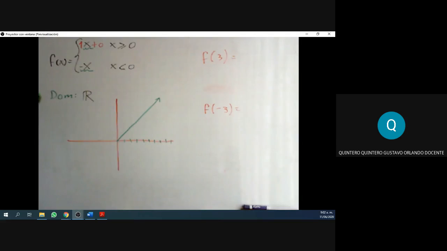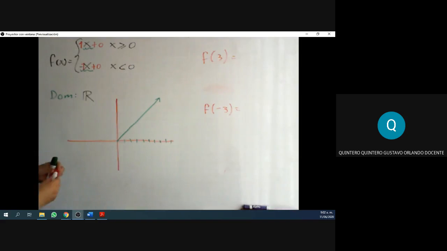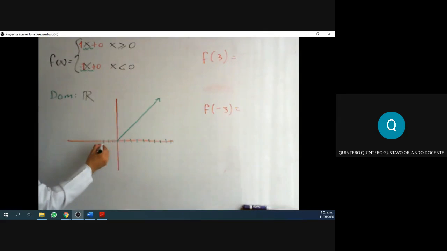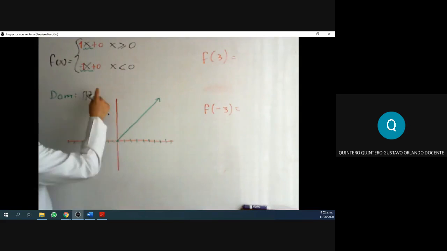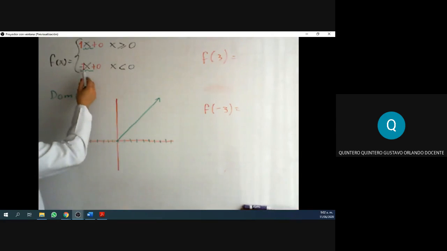Beautiful. But what about the second part? We can draw the second part exactly the same. The slope is now -1, and the y-intercept is still 0. But the drawing is only going to be for the negative values. So for these ones, these are the negative values. I'm going to begin with 0 again because the intercept is 0, and then I'm going to move downwards. 1 to the left, 1 down. 1 to the left, 1 down, because the slope is -1.